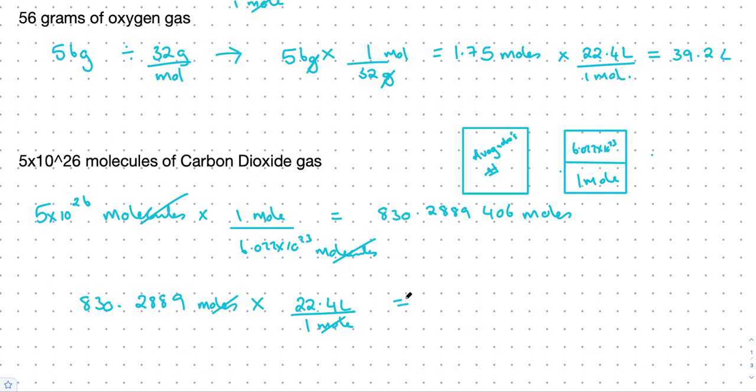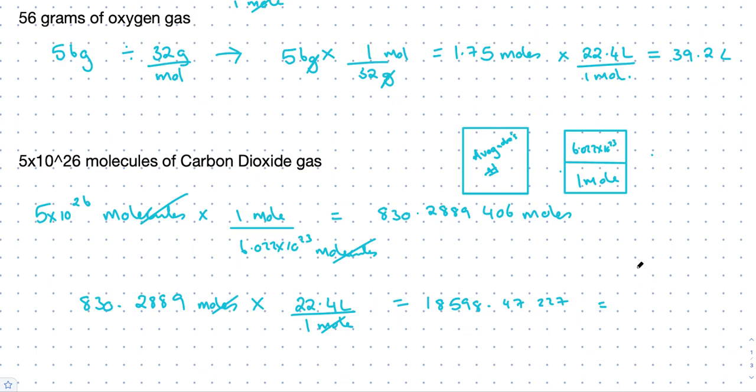So I'm going to multiply that out. My answer multiplied by 22.4, and I'm going to get 18598.47227.